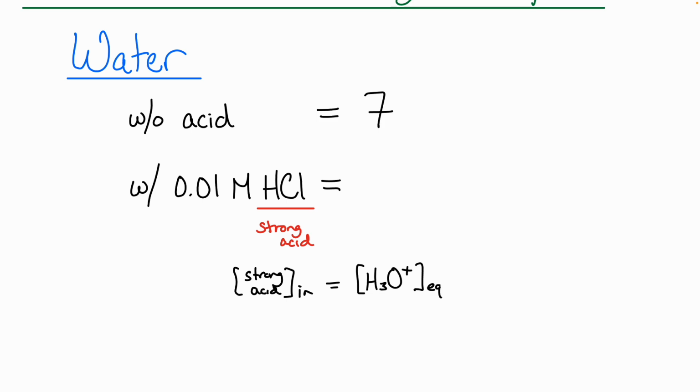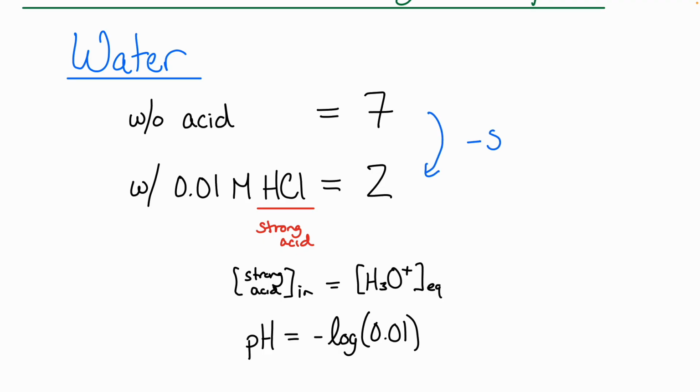So that means in order to get the pH, I'm just going to take the negative log of that 0.01, which gives me a pH of 2. All right, so if we add 0.01 molar HCl to water, we see a drop in our pH of 5. All right, the change in our pH is -5.